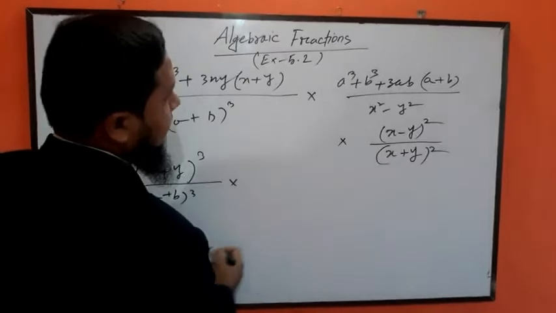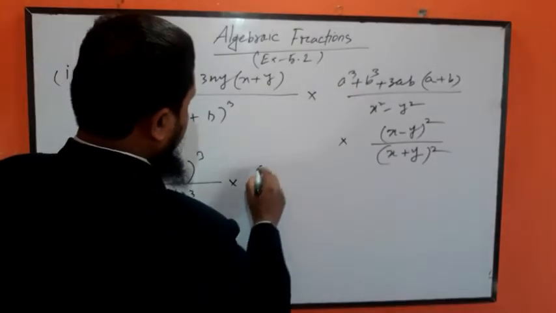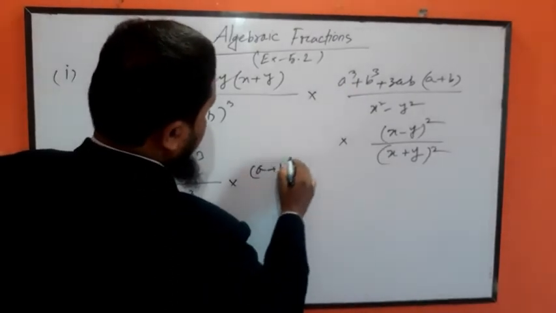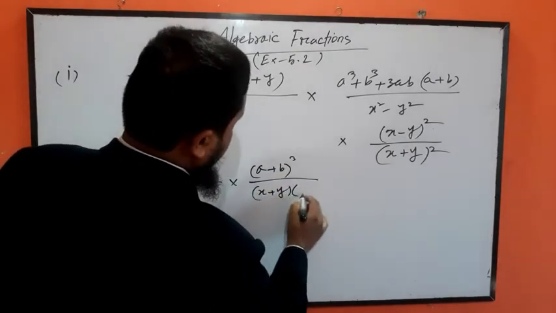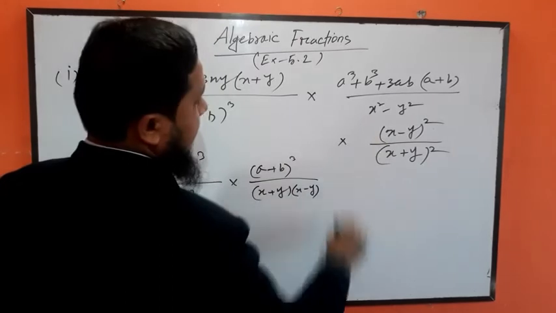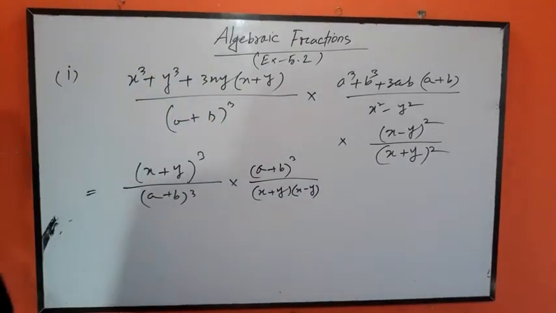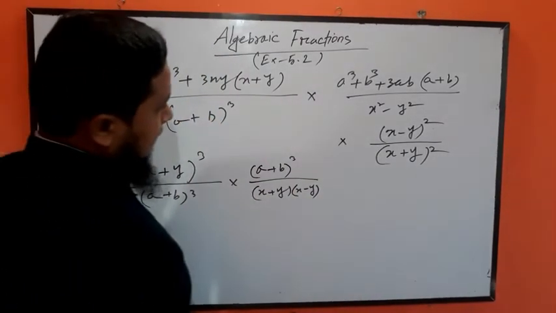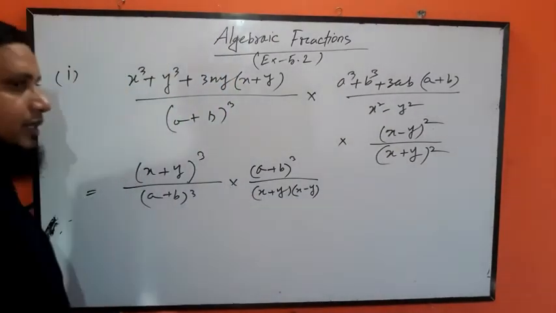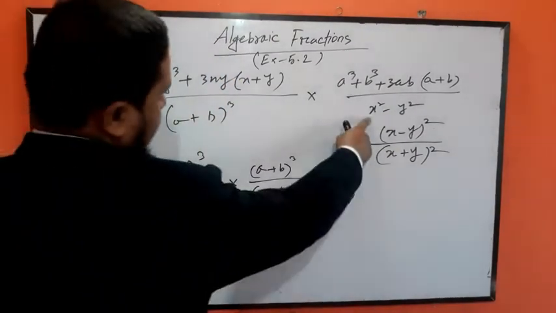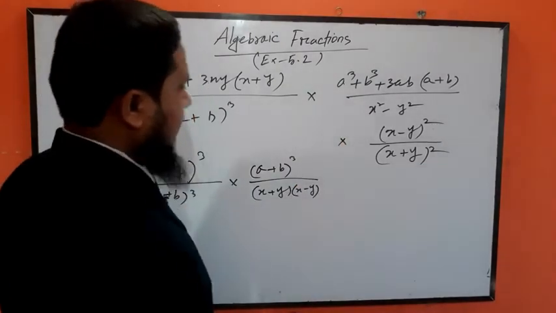Next line, the same thing, we can write a plus b whole cube, and here x plus y, x minus y we can write, because this is like the a square minus b square formula. We can use a plus b, a minus b, here x plus y, x minus y.